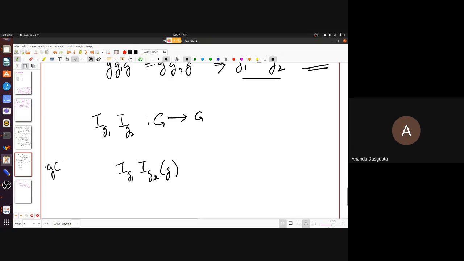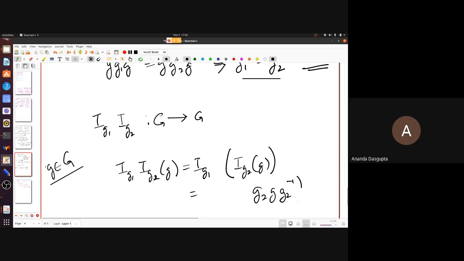So take any element small g of capital G. What does Ig1 Ig2 do? It's Ig1 acting on Ig2 g. What's Ig2 g? That's g2 g g2 inverse. Ig1 acting on that, right?